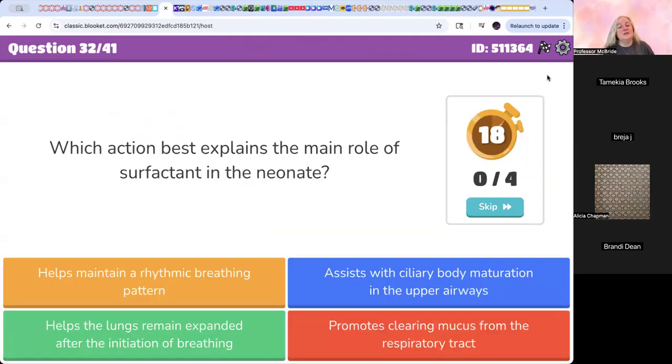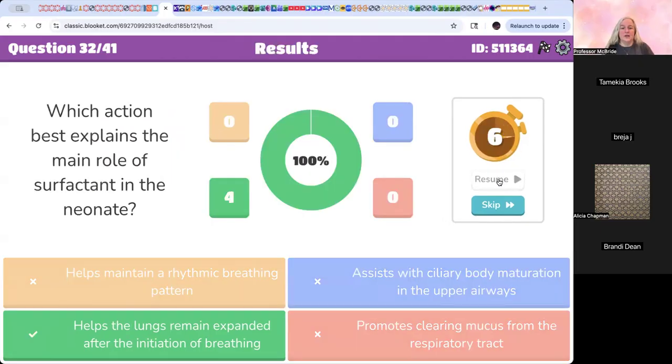Which action best explains the main role of surfactant in the neonate? Okay, good job. So the surfactant is going to help the lungs remain expanded after initiation of breathing.